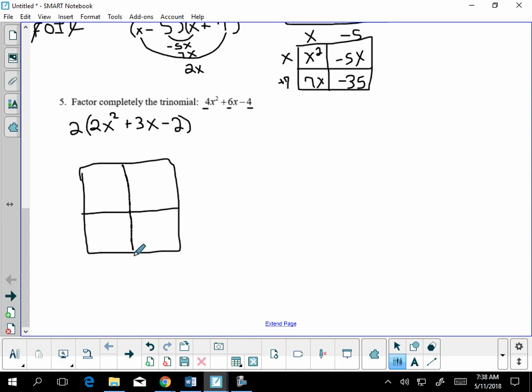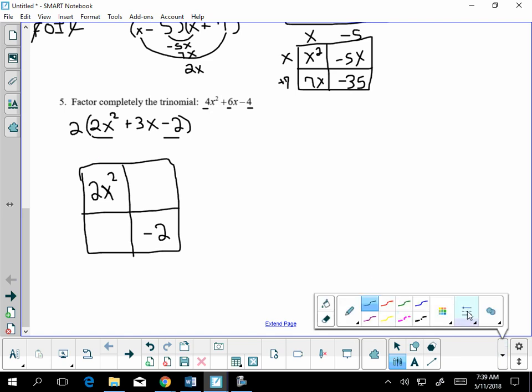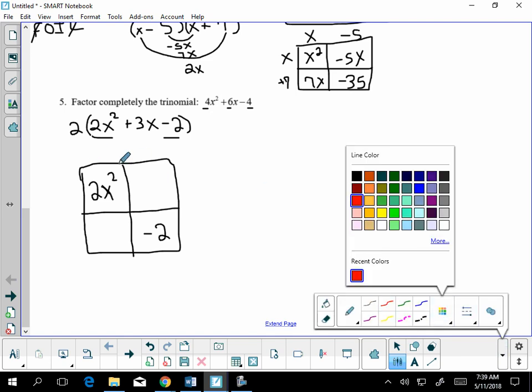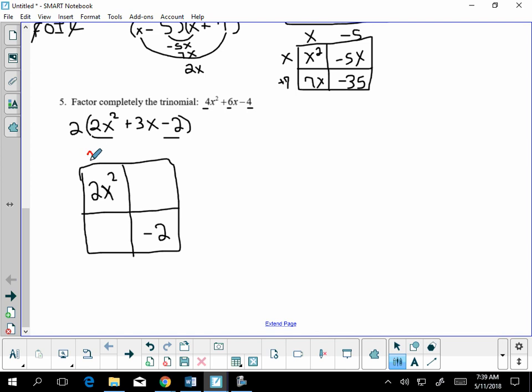So my first term is 2x squared. My last term is negative 2. Well, let's see what I can do with that. To get 2x squared, I'm going to have a 2x and an x. To get negative 2, well, that's a negative, so one has to be positive and one has to be negative.